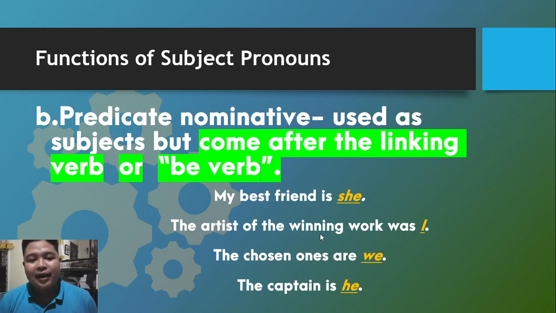In this example, my best friend is she, she is the subject pronoun and it comes after the linking verb is. So that is still considered a subject pronoun, but it functions as a predicate nominative.